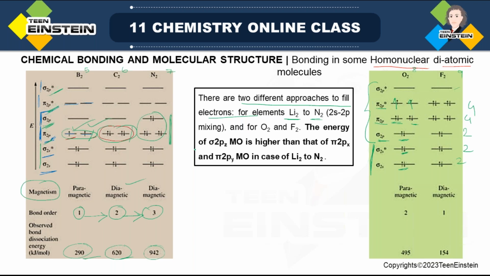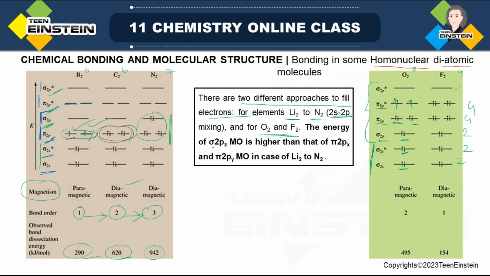Starting from lithium up to N2, that is atomic number 3 up to atomic number 7. There is a term we use, 2s2p mixing, but we don't need the details for our syllabus. Just remember this fact: because of 2s2p mixing, there is a slight change in the energy level diagrams. So 2 different approaches, one for Li2 to N2 and another for O2 and F2.